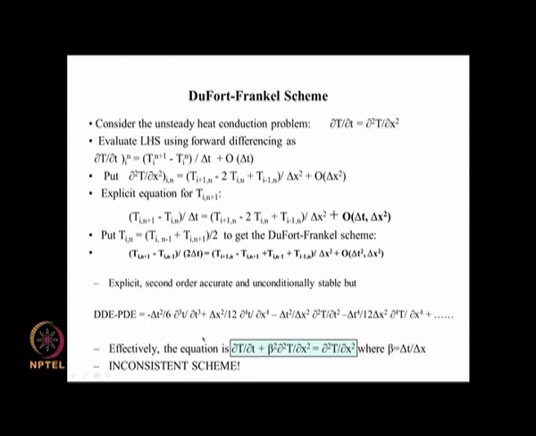And so, what we are actually solving is not this one, but del T by del t plus beta square del square T by del t square equal to, this should be del T by del t here, equal to del square T by del x square here. Okay.